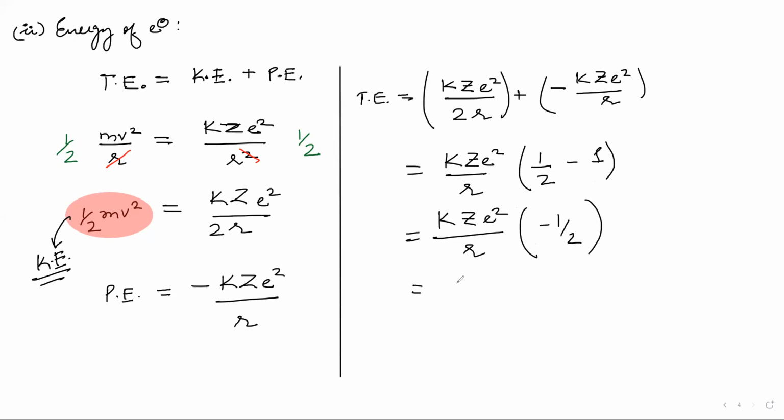So this is now equal to minus kz E square divided by 2R. Got it? How easy it was! So easy. Complete the slide. Done? Yes, sir. Everyone done? Okay, fine, done.